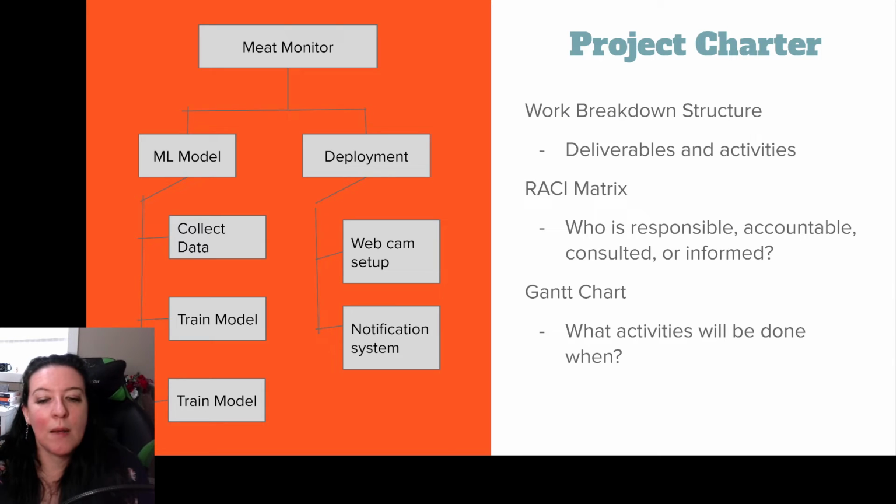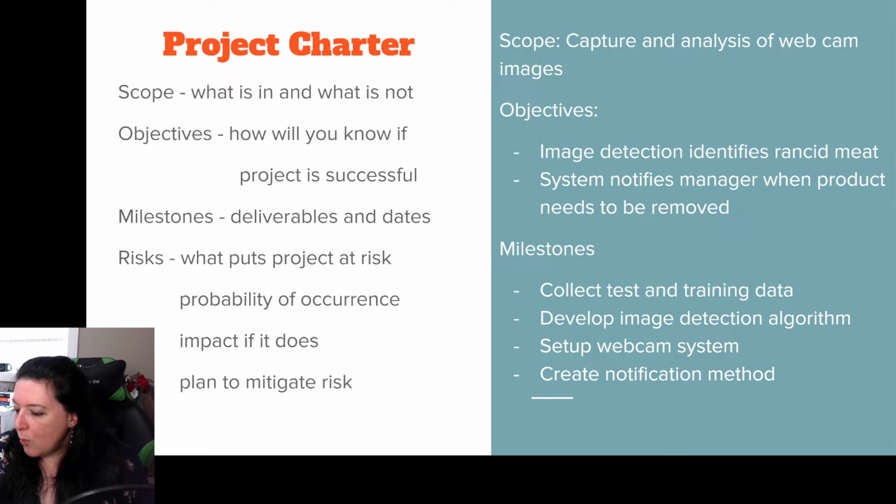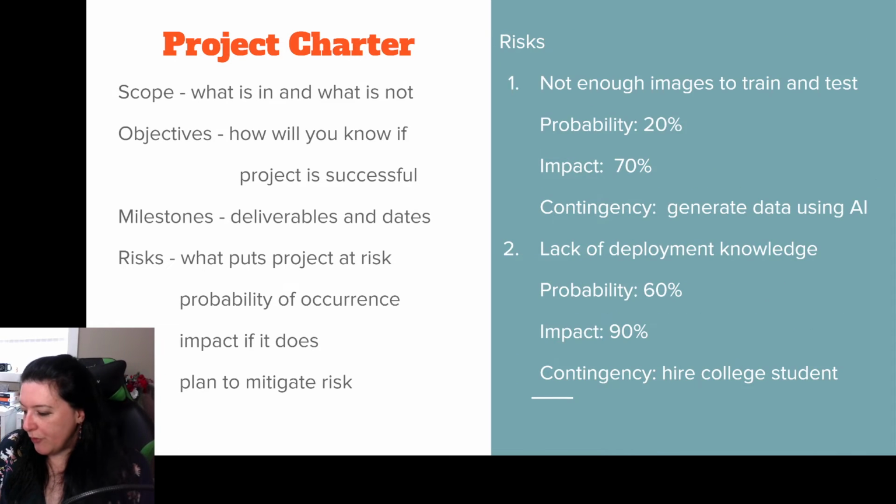So here, this ML model is helping us to identify rancid meat: collect the data, train the model, and then it should say test the model. And then we have other deliverables related to deployment. So we're going to set up the webcam and build that notification system. And these tie to the objective that we had before, which is that the system is going to notify the manager when the product needs to be removed.